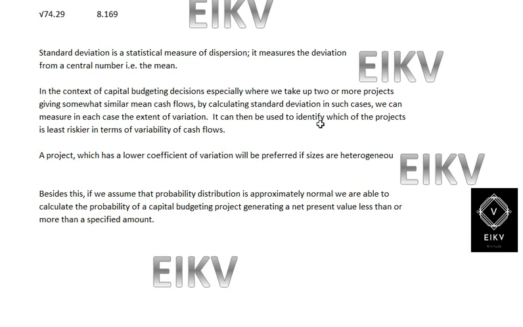It can then be used to identify which project is riskier in terms of variability of cash inflow. A project which has a lower coefficient of variation will be preferred if sizes are heterogeneous.